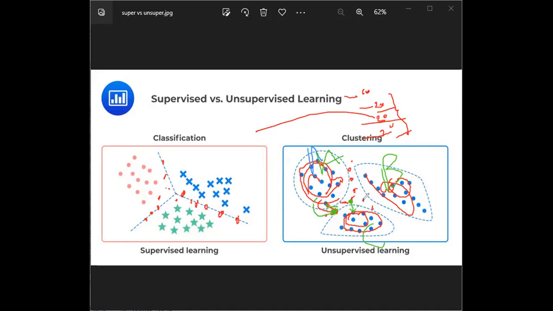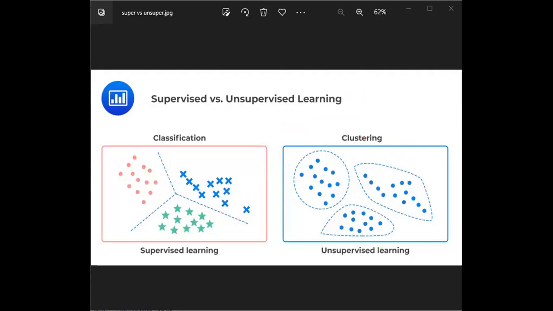Likewise, it will check the distance: is this point close to this or close to this? You can see this is close to C, so this point comes in C. This was an example of, I think, K nearest neighbor. There are so many examples, and we will see those also.